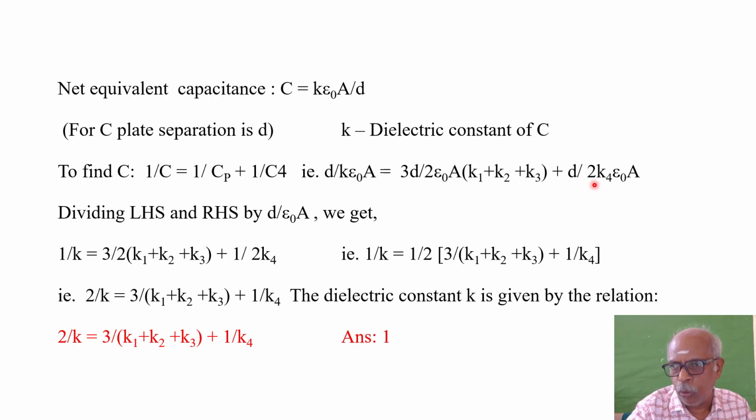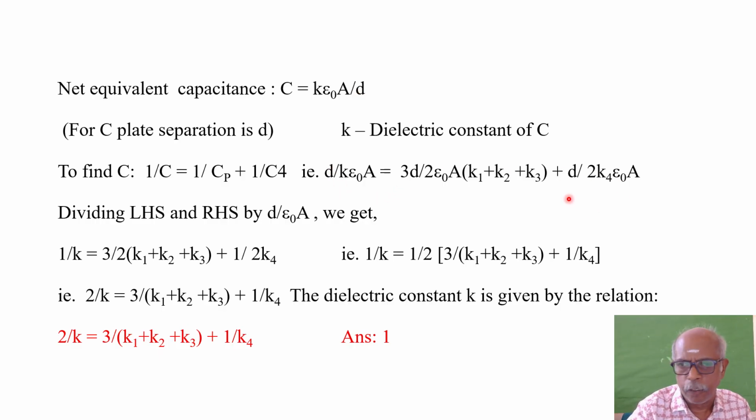D divided by 2K4 epsilon naught A. Okay. So D by K epsilon naught A is equal to 3D divided by 2 epsilon naught A into K1 plus K2 plus K3, plus D by 2K4 epsilon naught A. You know the value of Cp, you just inverse it. You know the value of C4, you just inverse it. You know the value of C, you just inverse it. So K epsilon naught A by D becomes D divided by K epsilon naught A.